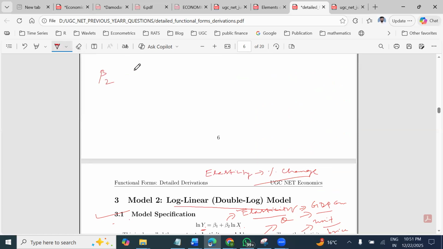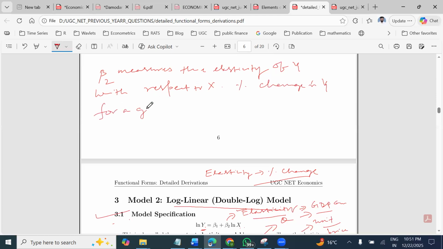So beta 2 measures the elasticity of y with respect to x, or that is basically the percentage change in y for a given, that may be a small change also, not a problem, small percentage change in x.